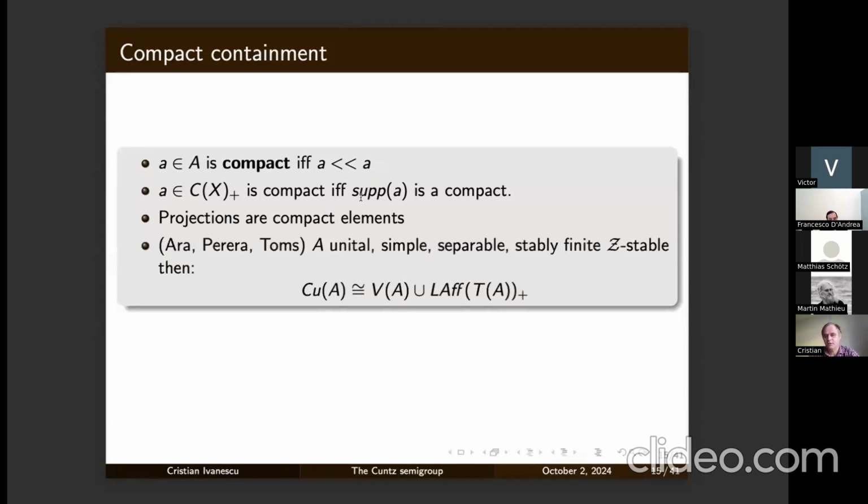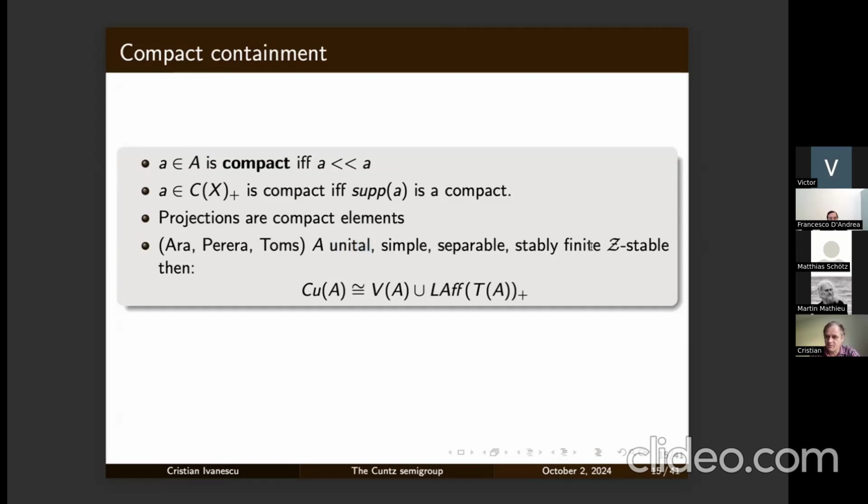And the significance of this is, again, a result of Ara, Pereira, and Thiel, where they show that for a nice class of C*-algebras, and I'm going to mention the properties: unital, simple, separable, stabilized, Z-stable. In fact, unital is important because without unital, one has to work harder.